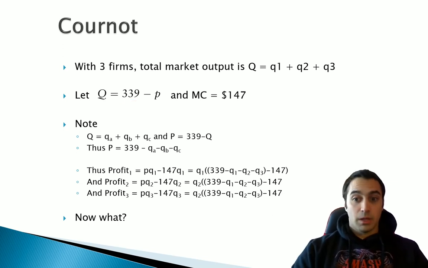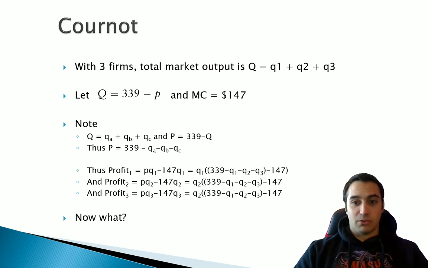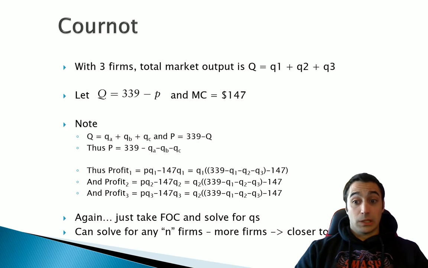Easy enough. Now what? What are the firm's objectives and how do they do it? Well, all you gotta do is take FOCs. Firm 1 can choose quantity 1 and wants to maximize profit 1. Therefore, you could take the first derivative of this with respect to Q1 and get best response 1, i.e. firm 1's best Q1, which will be a function of Q2 and Q3.